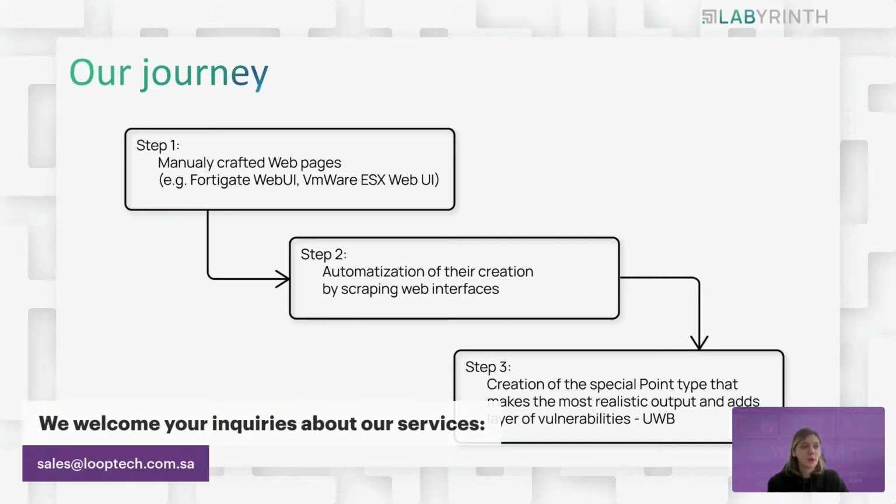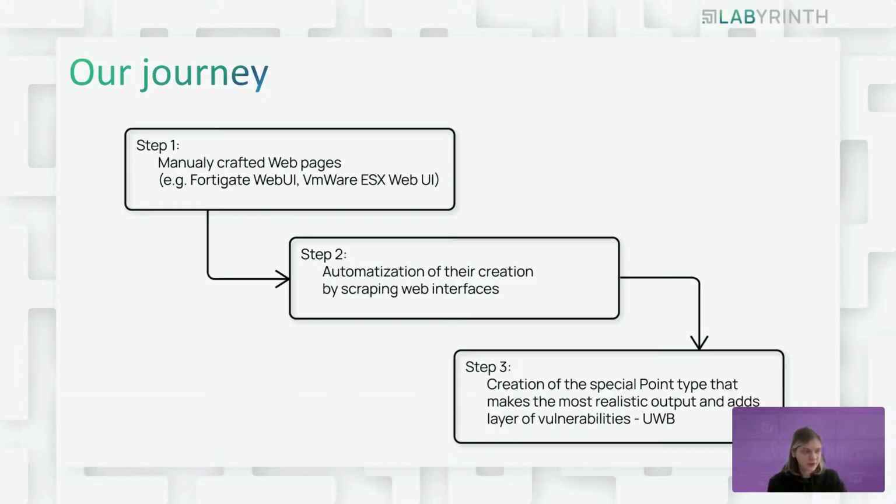And this is why we went to the creation of the special decoy type that is called universal point. So this decoy provides the most realistic output. You can say that it clones your real web application, but adds some parts of vulnerable services. And as a result, you get this easy to use, easy to create decoy.